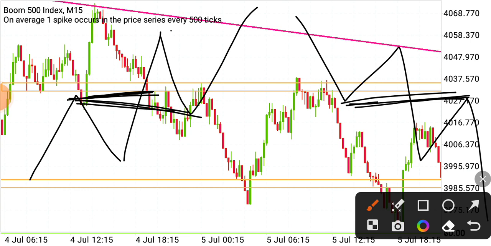All right, guys. After identifying the trend of the market, the next thing we will do is to identify the highs and the lows. You identify them, then bring out your Fibonacci tool and draw it.